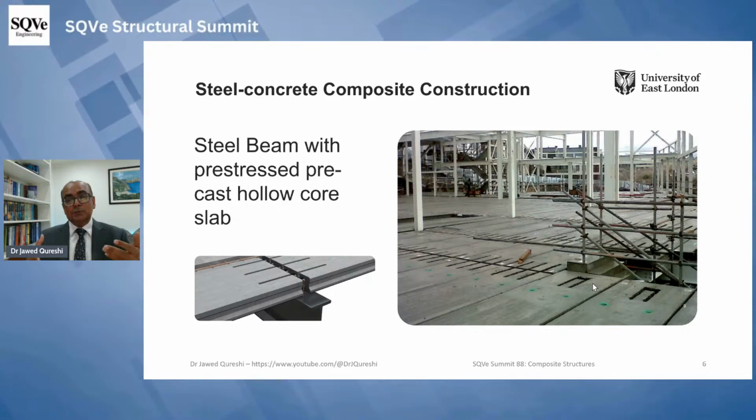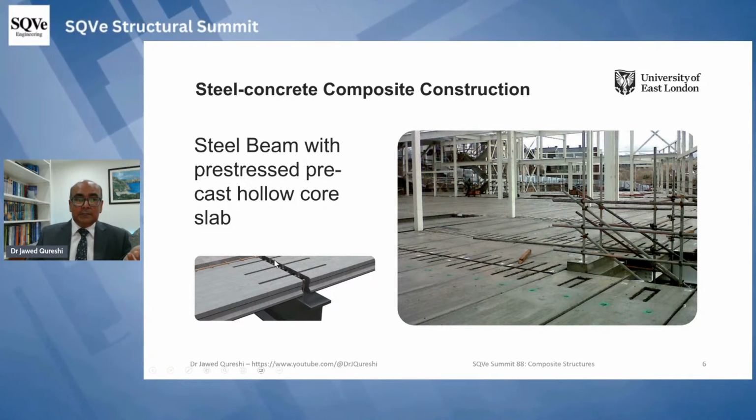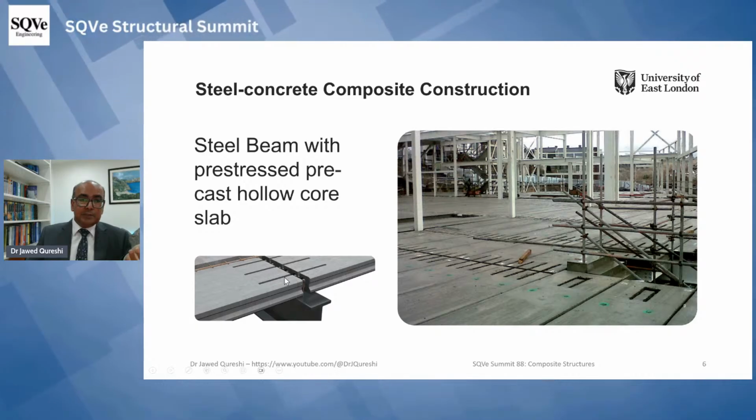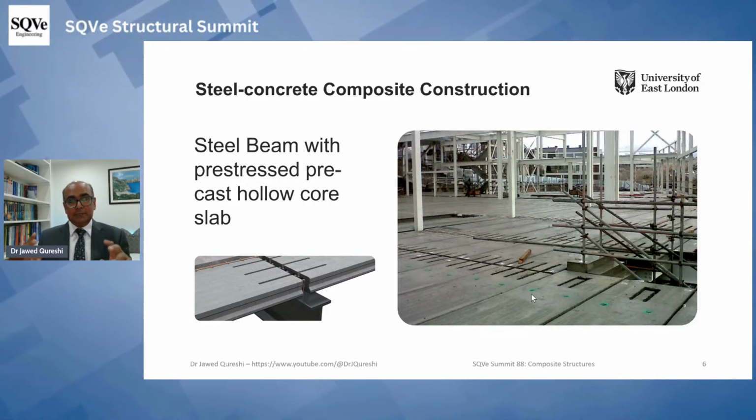In that case, we use these hollow core slabs. We bring these hollow core slabs on top of the beam, and then the shear studs are pre-welded, and we have reinforcing bar in this gap, and then after that we have in situ concrete, and together it becomes a composite system.